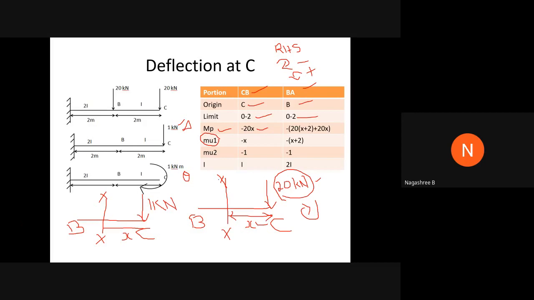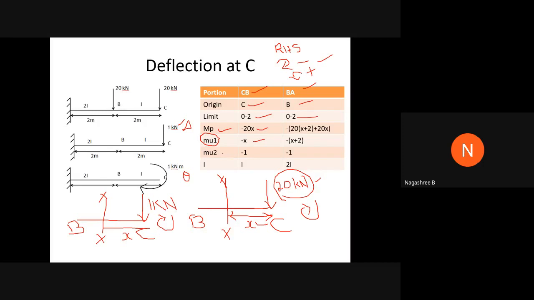So the moment will be equal to 1 into x, going along the force through the line of action. It is in the clockwise direction, so it will be minus 1 into x, or minus x. Since it is clockwise, we have taken it as negative.